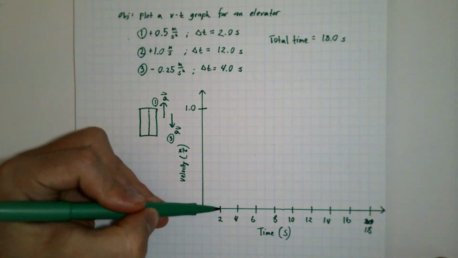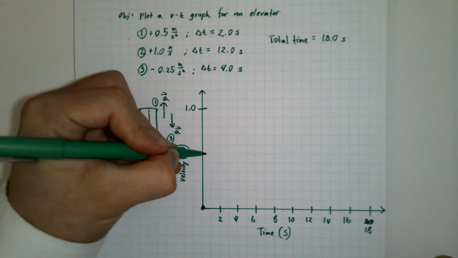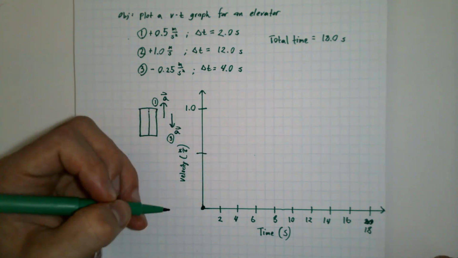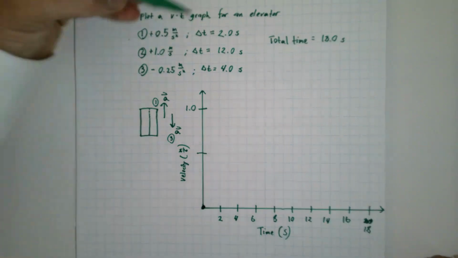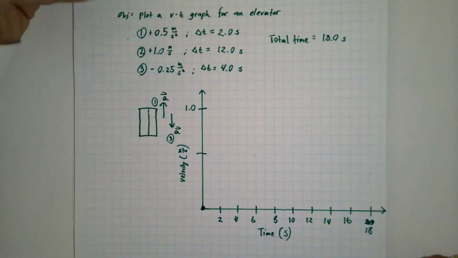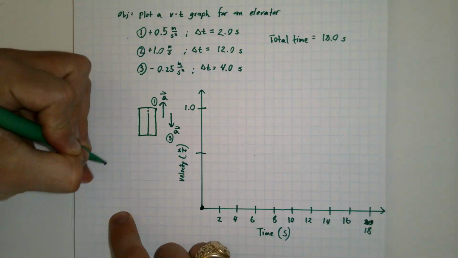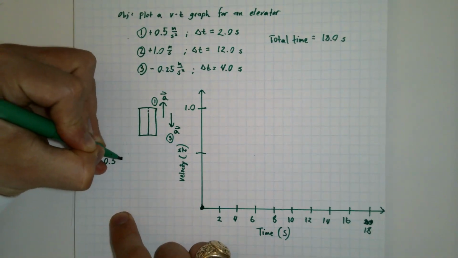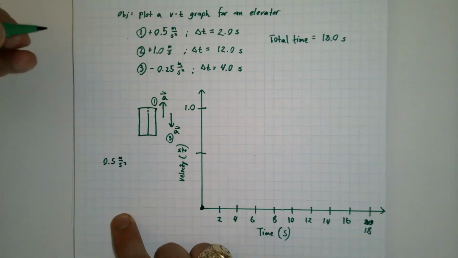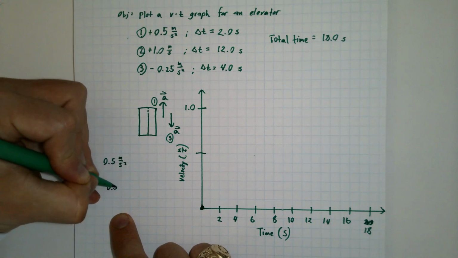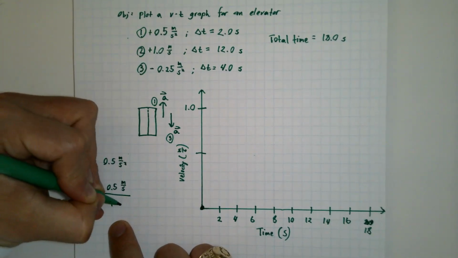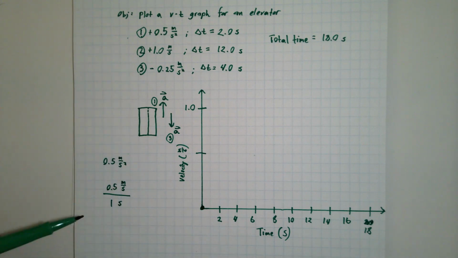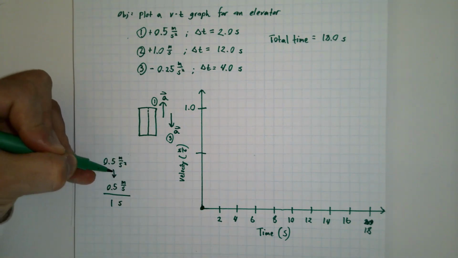So over 2 seconds, we get up to, for each second, right? Because by 0.5 meters per second squared, we also mean 0.5 meters per second for every second. Meters per second, right? These two are synonymous.